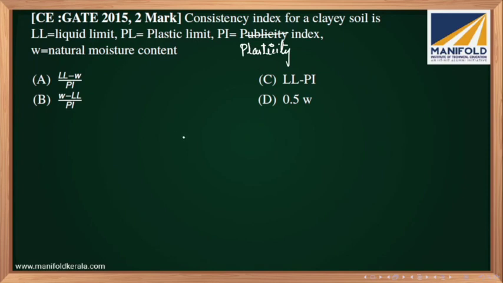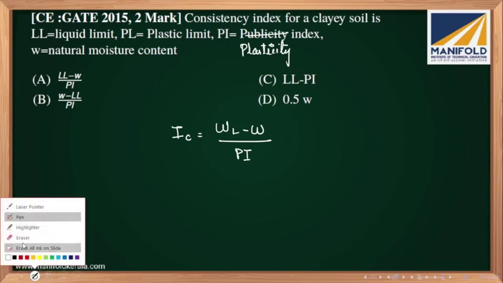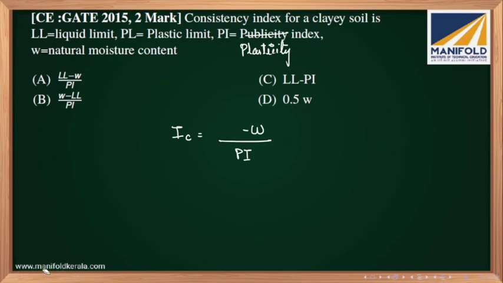The consistency index Ic is equal to the liquid limit minus the natural water content divided by the plasticity index. The option would be A.